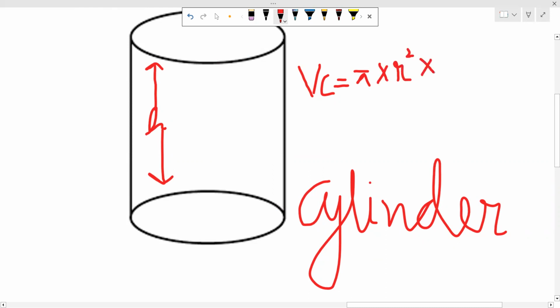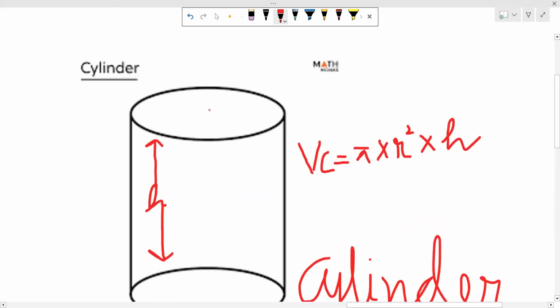The value of pi is 22/7. R means the radius of this circle. रेडियस सर्कल क्या होता है? सेंटर से सर्क्यूमफेरेंस तक का डिस्टेंस को हम लोग क्या बोलते हैं? रेडियस. So pi into the radius of the circle squared into h gives your volume of the cylinder.